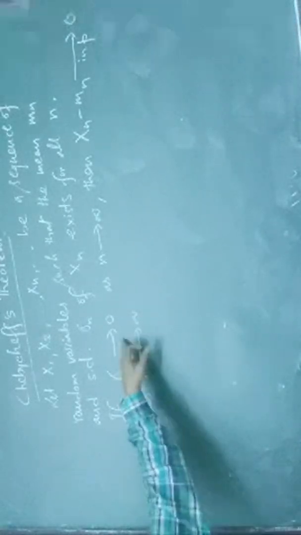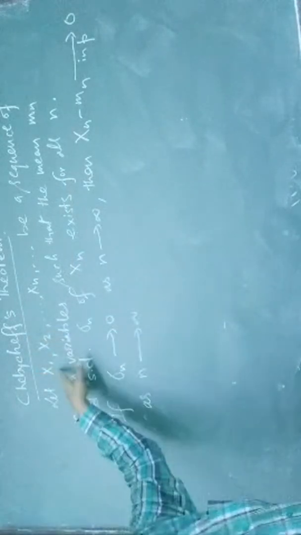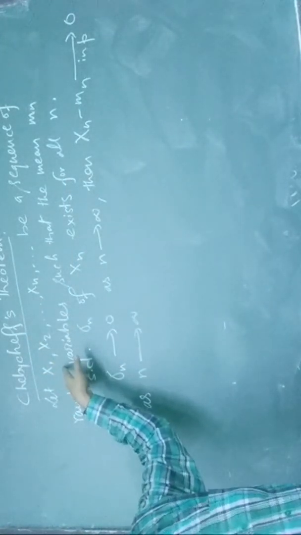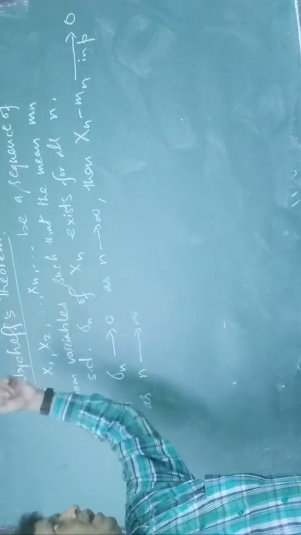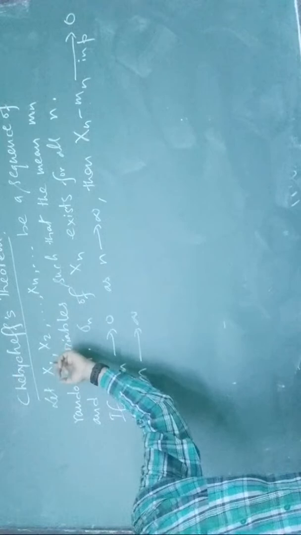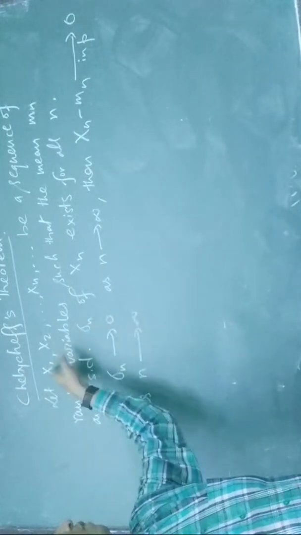This is your Chebyshev's theorem. So first of all, you have a sequence of random variables x1, x2, xn, etc. It's a sequence, and the mean mn and standard deviation sigma n exist for xn. That means m1 is the mean of x1, sigma 1 is the standard deviation of x1, and so on.